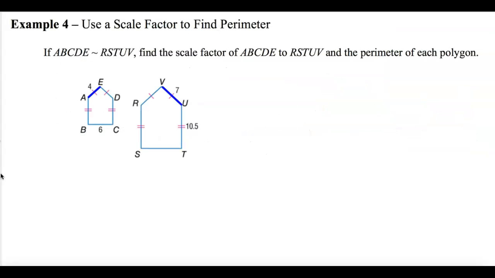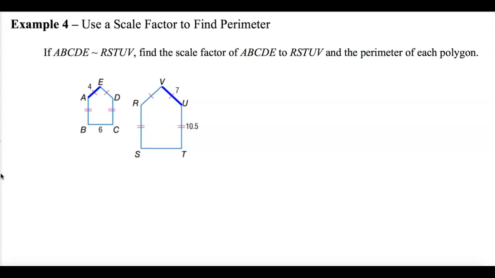So similarly, we can use the same fact that we have been using before to figure out similarity statements and then figure out perimeter. So let's just recall what we have. We have some markings right here.